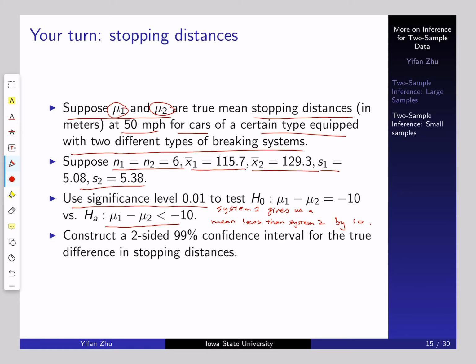Okay, so this is the interpretation of the alternative, and then we can also construct a confidence interval. So we want to construct a two-sided 99% confidence interval for the difference in the stopping distances.